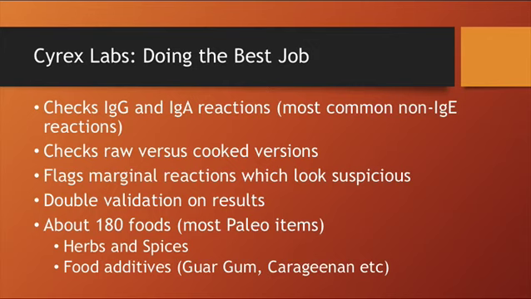Now, I was part of the beta testing for this particular test. They worked on this technology for about 2 years before they brought it to the public. And I had this test done on myself, and thankfully I don't have very many reactions, but one of the things that surprised me was that I reacted to cooked salmon but not raw salmon. Now, at the time that this came out, I was eating cooked salmon probably once a week. Not saying that I was sick all the time, but it was obviously an immune reaction to a cooked version of a food.